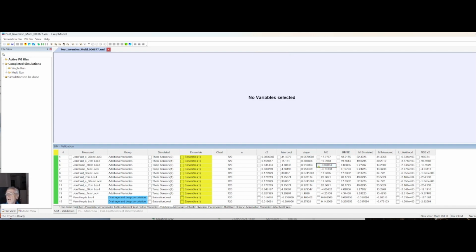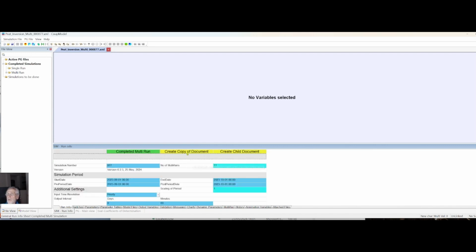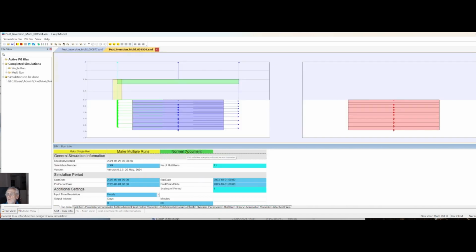So I would like to redesign this and then get something that is more sensitive for a more complete analysis. And to do so, we always create a new document for making it something that includes the modifications.